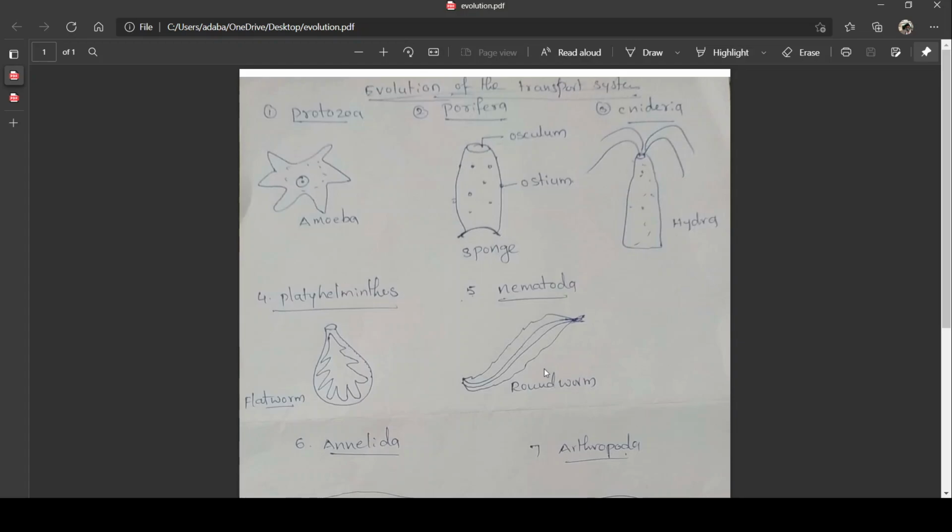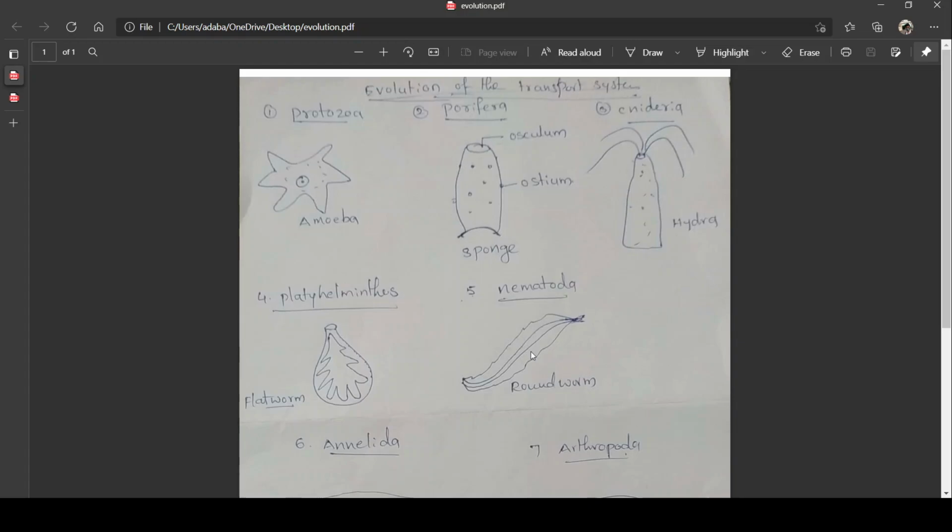Pseudocoelom contains fluid. This fluid plays a vital role in the group Nematoda. The pseudocoelom has taken up the function of collection and distribution of materials. In transportation, the pseudocoelom is important.